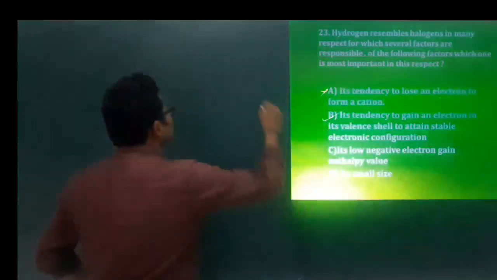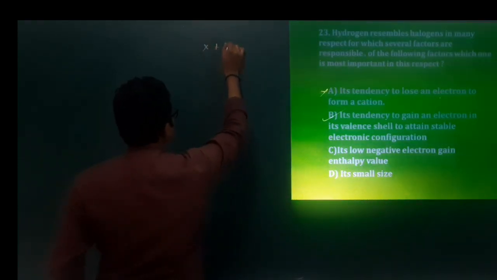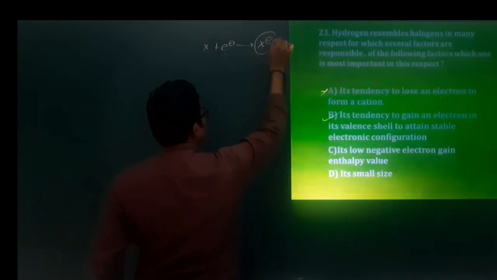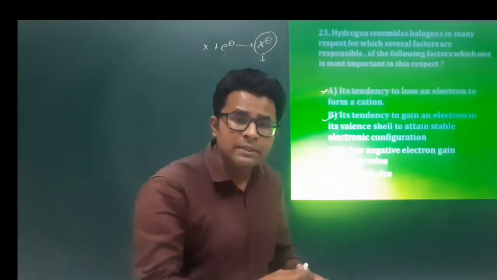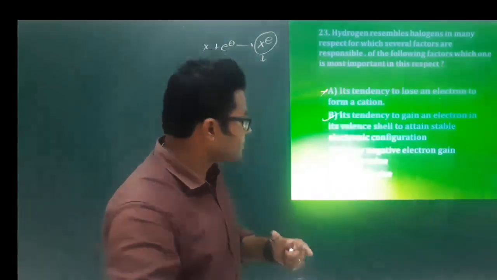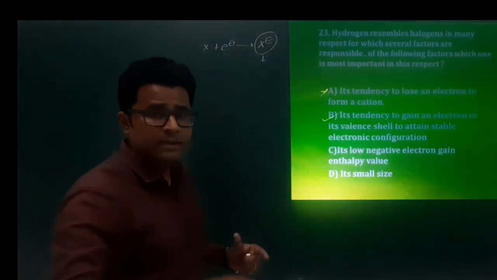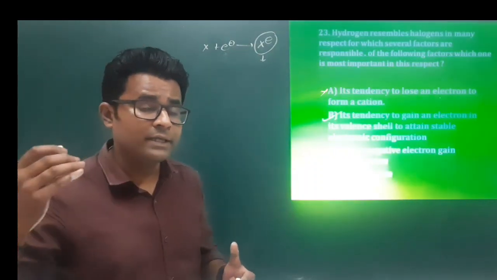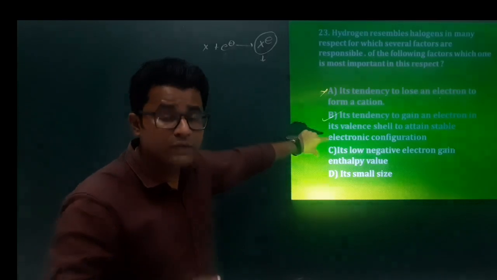Halogens accept an electron to form an electronic configuration similar to that of the noble gases. So here hydrogen resembles the halogen with respect to acceptance of an electron.